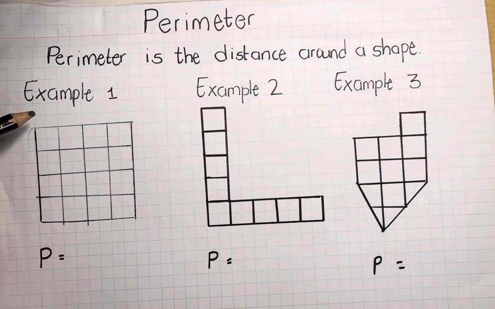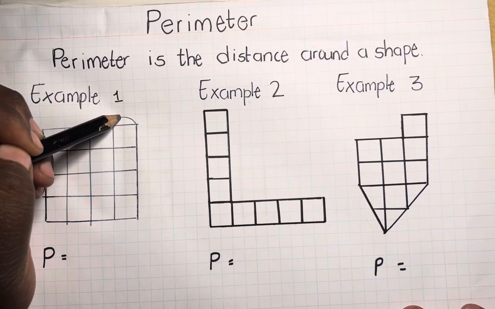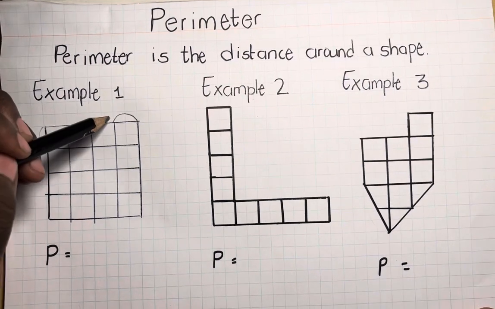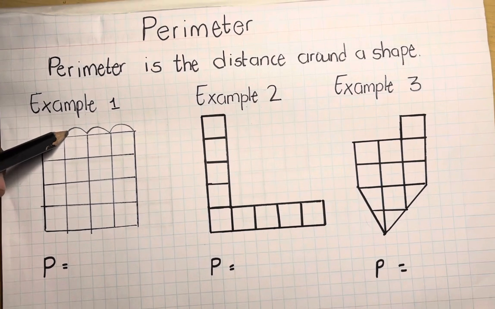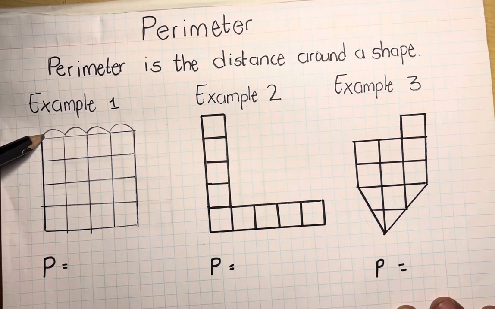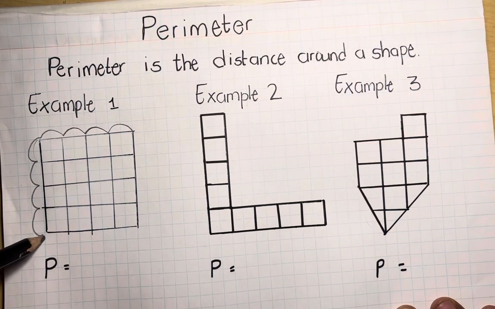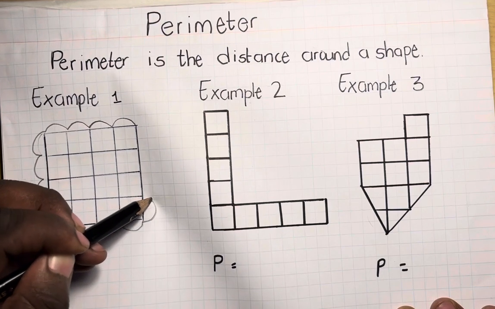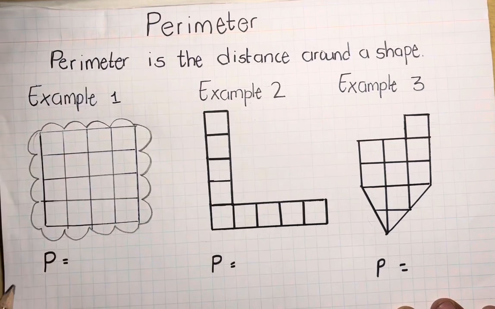Now, say you wanted to calculate the perimeter of the first shape, which is this shape over here. Basically, you would have to count along the length of the shape. So, the distance from here to here is 1 unit, so this would make this 2 units. 3, 4, 5, 6, 7, 8, 9, 10, 11, 12, 13, 14, 15, and finally 16.